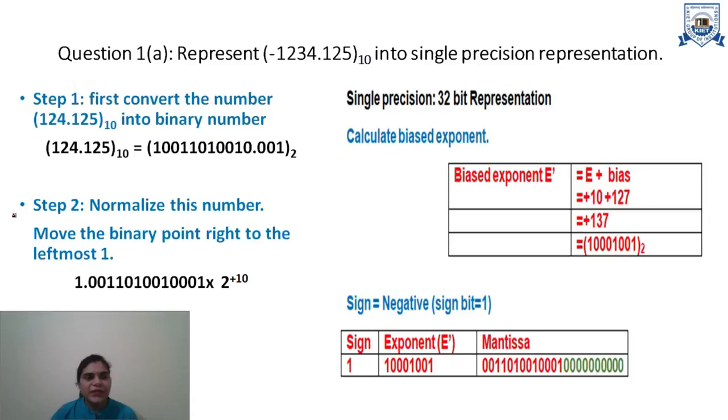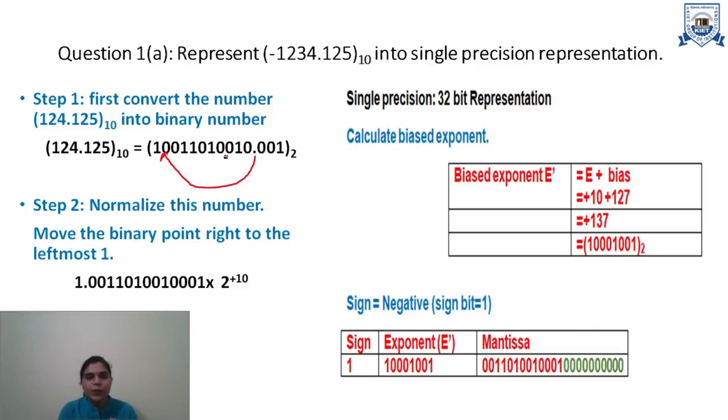Now the second step is to normalize this number. For normalization, we will move the binary point to the right of the leftmost one, and we will move this binary point by 10 positions. Whenever we move the binary point to the left, the positive power will increase.